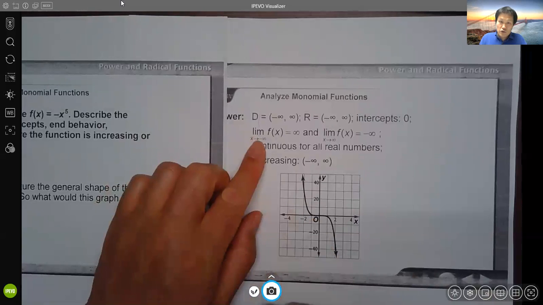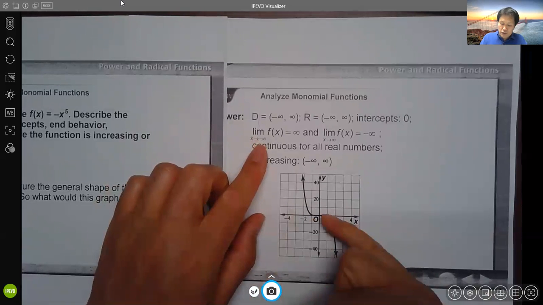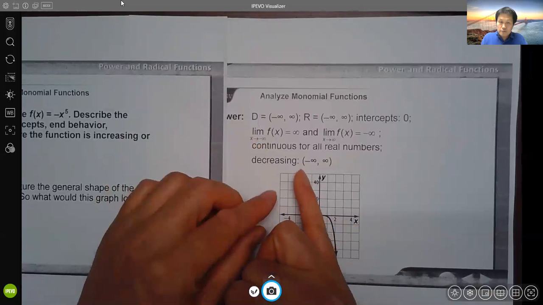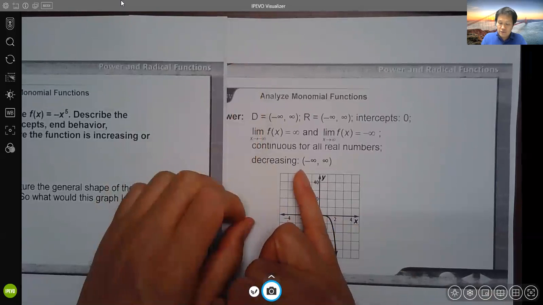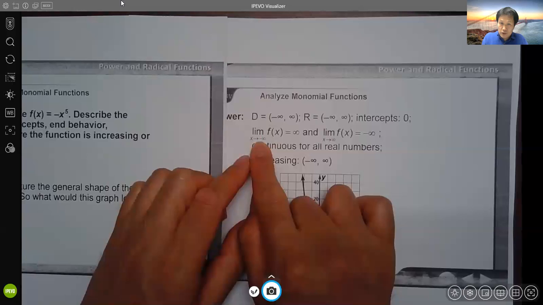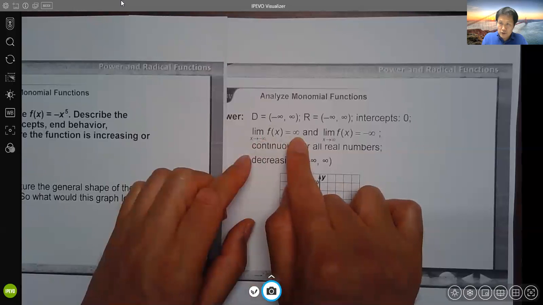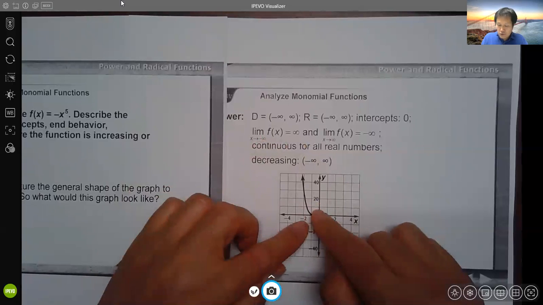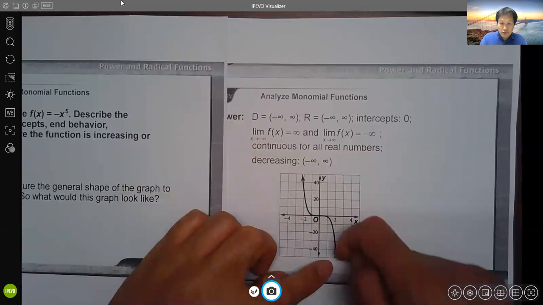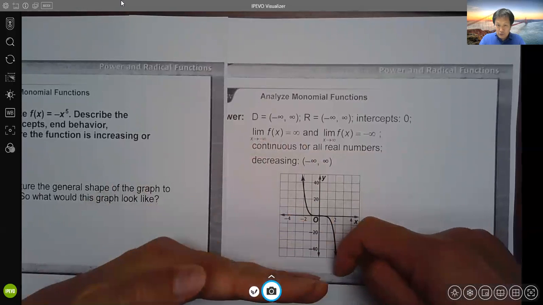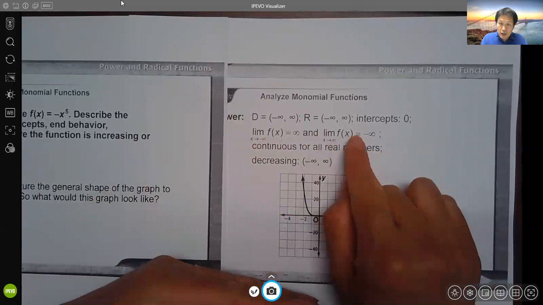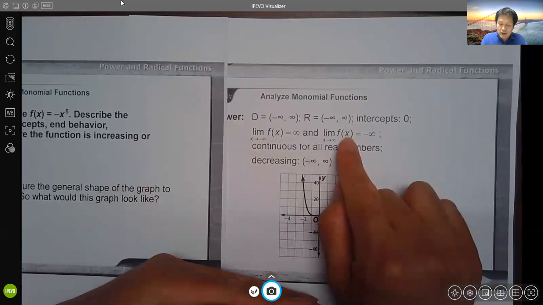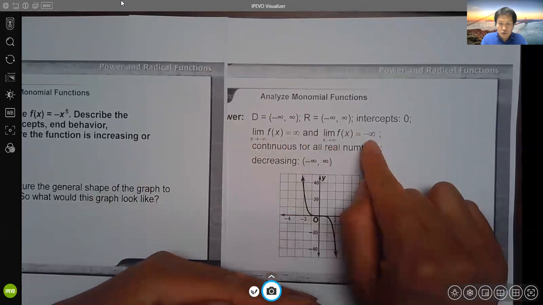X-intercept is 0, Y-intercept is also 0. Okay, end behavior: as you go to the left, what happened to the Y? Increase, positive infinity. As you go to the right, what happened to the Y? Y value decreases. As you go to the right, limit of f of x as x approaches infinity, what happened to the Y?